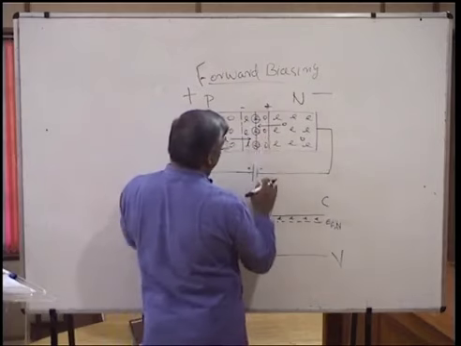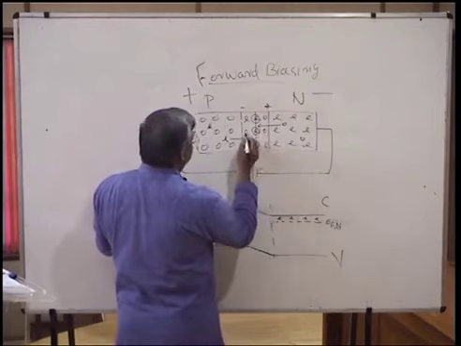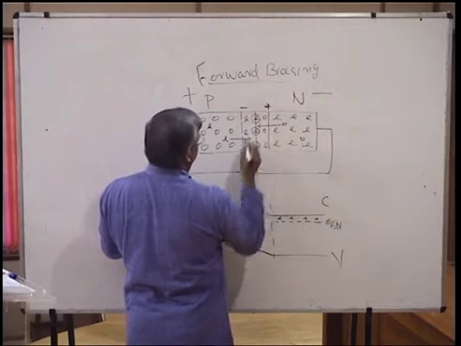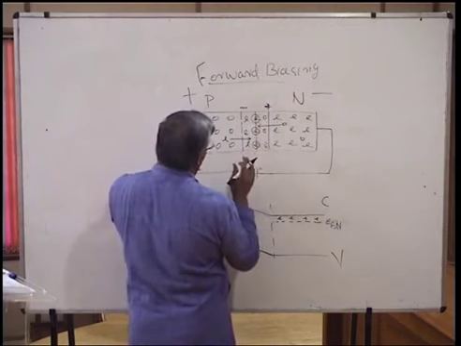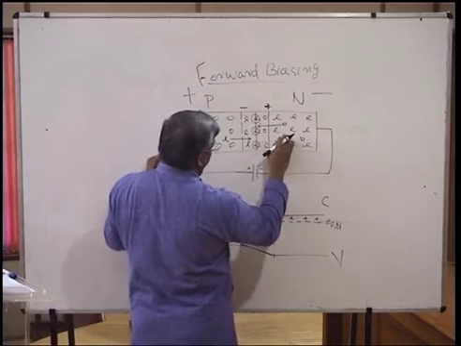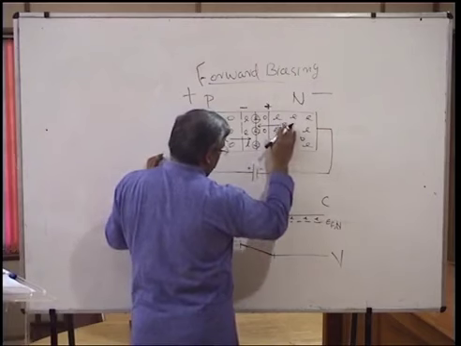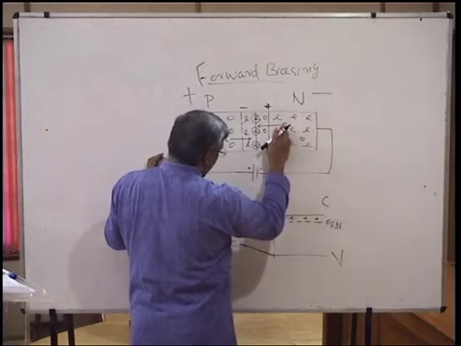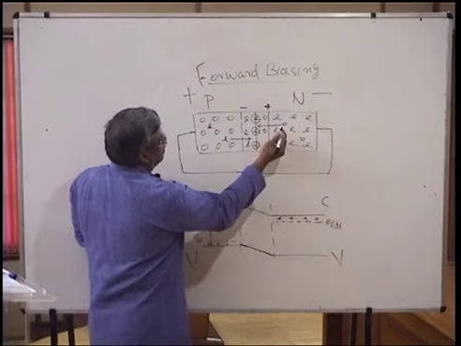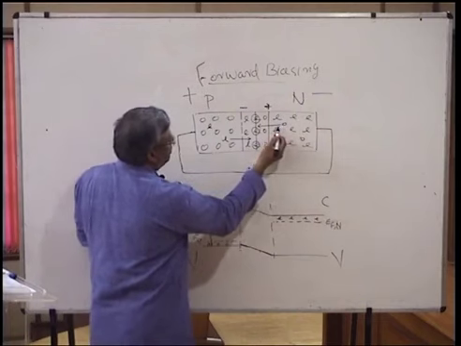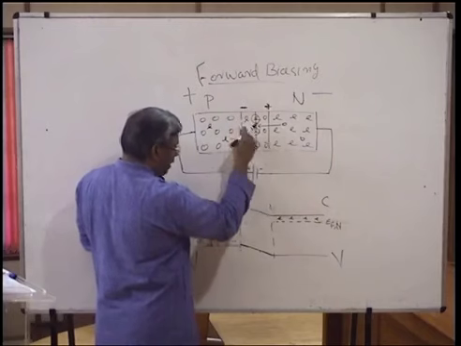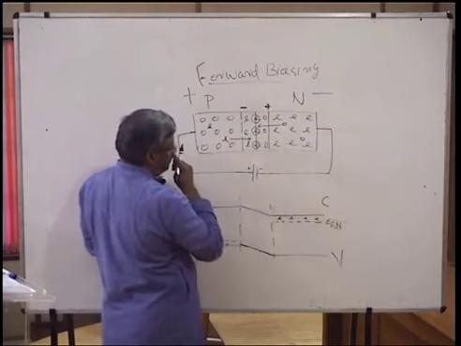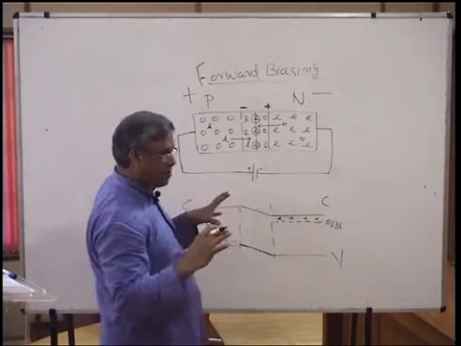Let's see the functions of both biases. How does the internal bias work? You know, the internal bias is negative here and positive here. And now you can easily imagine it will work on the minority carriers. For example, in the N region, you have minority carriers, holes, which are positively charged. Now, these positively charged holes will be drifted towards this internal negative bias. So we should also understand what is meant by drift.